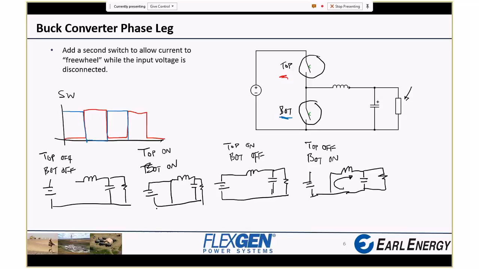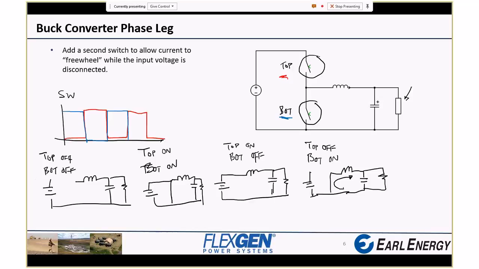The problem comes with the battery. Now the battery is just short-circuited to itself. And again, these are ideal switches with zero resistance, and this is a voltage source. So a fixed voltage over zero resistance is going to give infinite current. And so this is not a valid state.